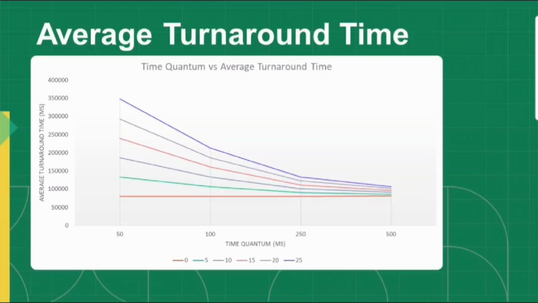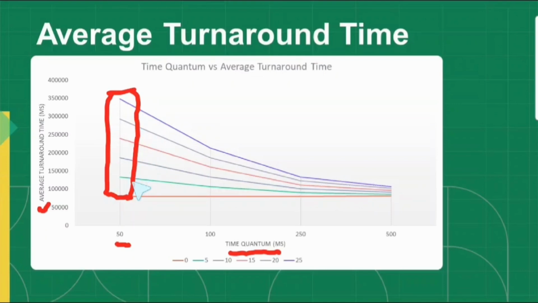Now onto figure 2, this one's all about average turnaround time, basically the average of time process completed execution minus process arrive time. When the time quantum is small, like 50 milliseconds, the average turnaround time is much higher. Why? Because processes keep getting preempted before they finish. It's like being in a line at the coffee shop and the barista keeps taking breaks before finishing your latte.